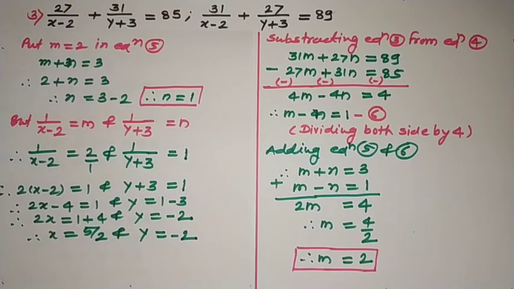Answer: the value of x is 5 upon 2, the value of y is equal to minus 2, is the solution.